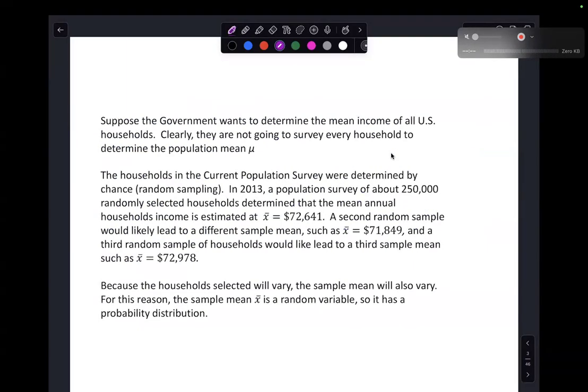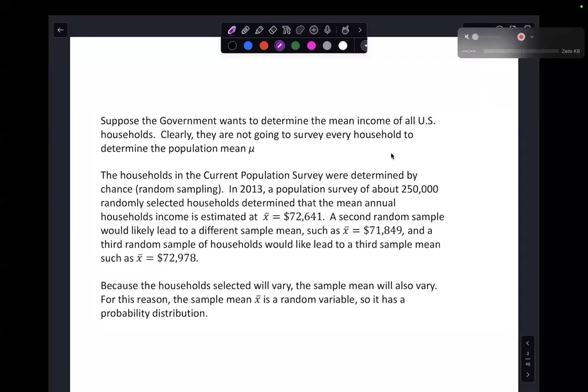Okay. All right. So if the government wanted to determine the average income of all US households, they can't survey every single household in the entire country. They just can't. So what they might do is take a survey of about 250,000 households, find out what their income is, and average those numbers.